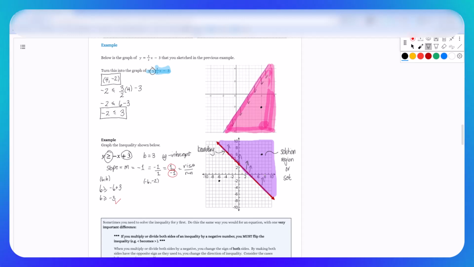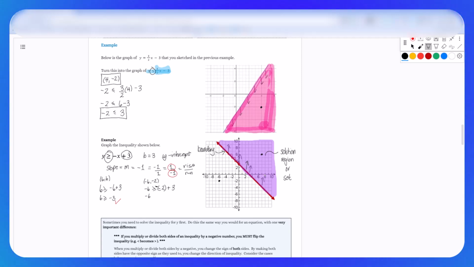So we would do -6 is greater than or equal to the negative of -2, plus 3.